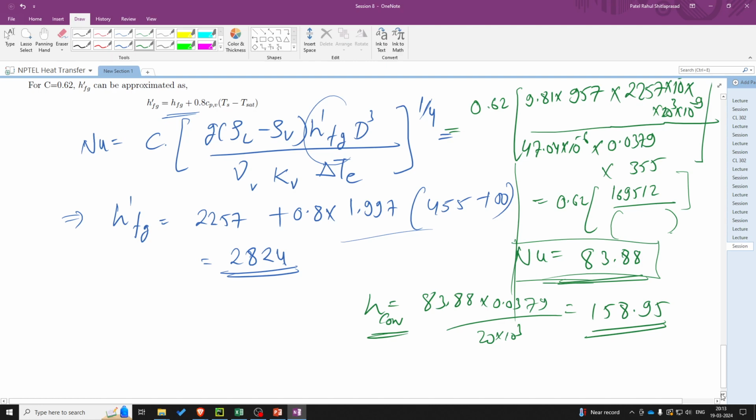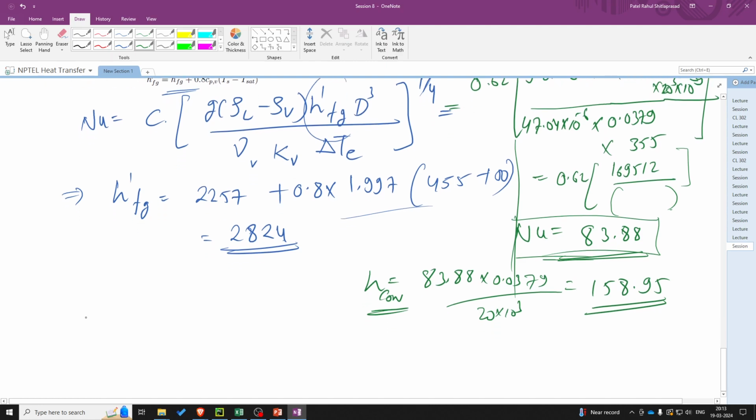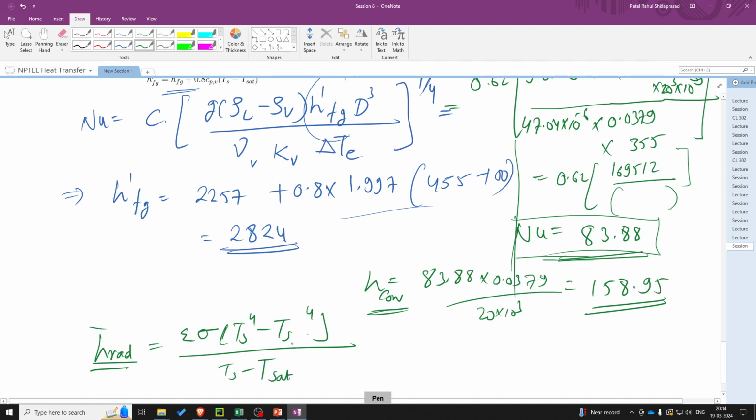Similarly, we need to find the heat transfer coefficient due to radiation. As I discussed, it was epsilon sigma (Ts raised to 4 minus T surrounding raised to 4) on (Ts minus T saturation). This should be saturation.